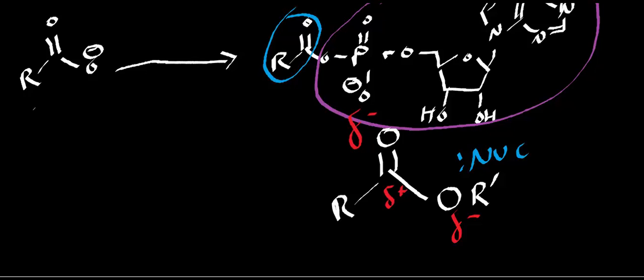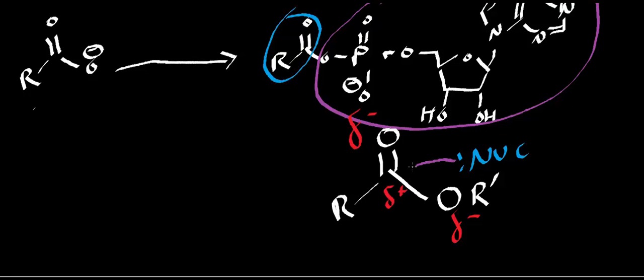In the context of this particular reaction, it would be a coenzyme A, but we're just talking in general. And so what you've done by making this partial positive charge is you've made that carbon susceptible for a nucleophilic attack. And in the context of a carboxylic acid derivative like this, an ester or a phosphoester, you prime it for a nucleophilic acyl substitution.